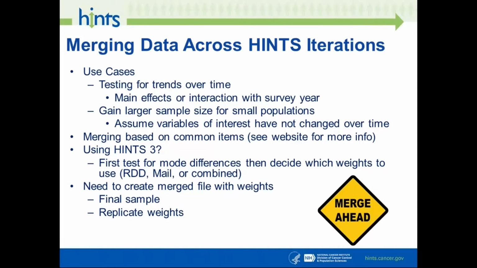Is there some other type of trend, a cubic trend, a quadratic trend? You can test for those because you have several data points. So again, you might be looking for main effects. As a proportion of people who feel that they're at risk for cancer, who worry about cancer, has that changed over time? What kind of trend is there?